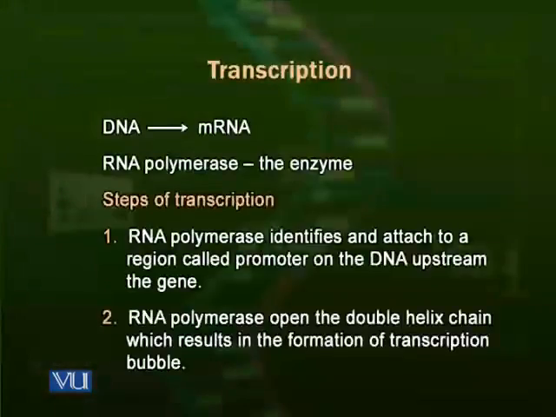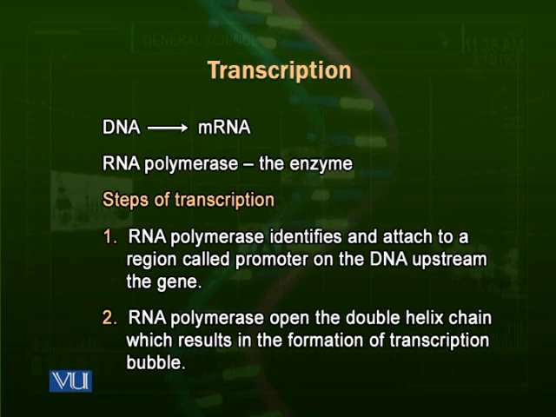The promoter is technically called upstream of the structural gene. Upstream means that it is present towards the 5' end of the DNA. When RNA polymerase identifies the promoter region and attaches to it, it starts unwinding the double helix.